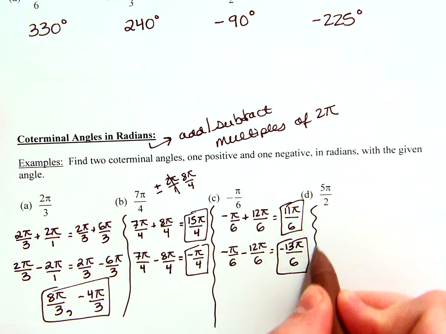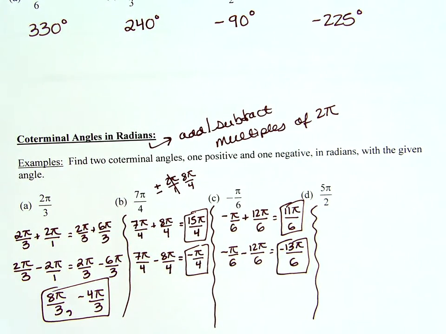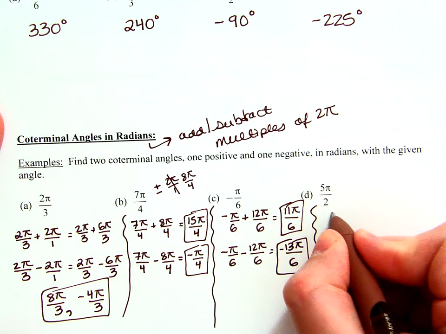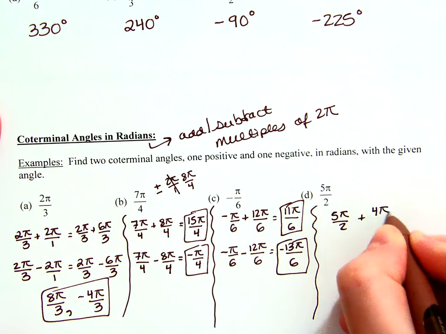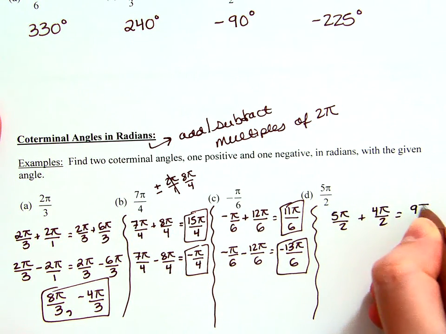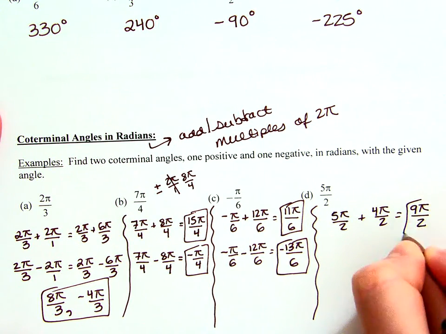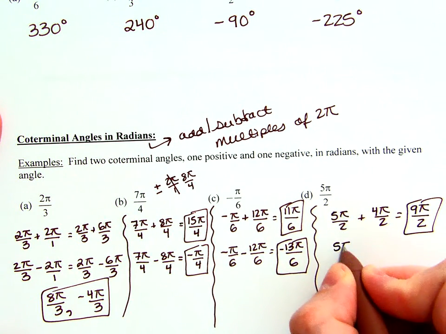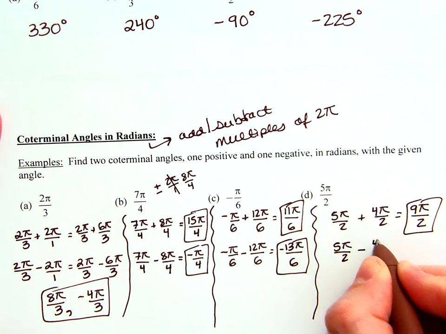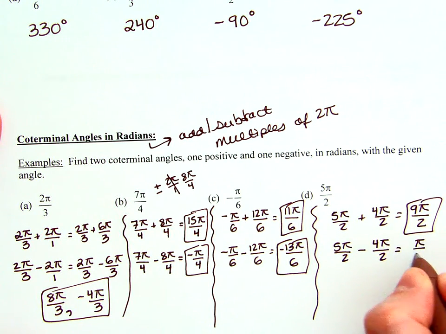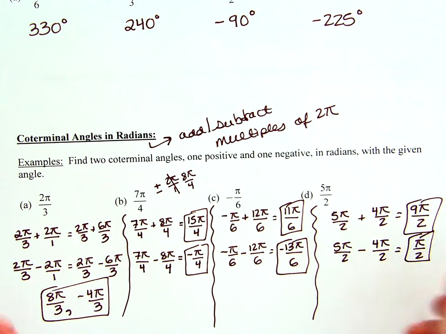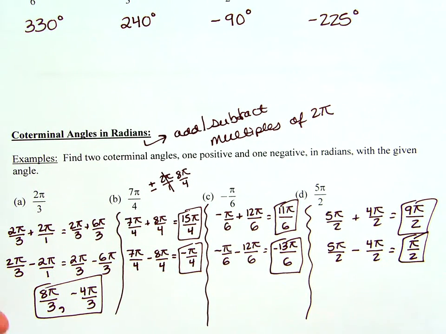Last one. 5 pi over 2. Well, adding 2 pi over 1 is going to become adding 4 pi over 2 to this. 5 pi over 2 plus 4 pi over 2 will give me 9 pi over 2 for a positive angle. 5 pi over 2 minus 4 pi over 2 will give me 1 pi over 2, which is also good for a positive angle, but I know that I need a negative one at some point.